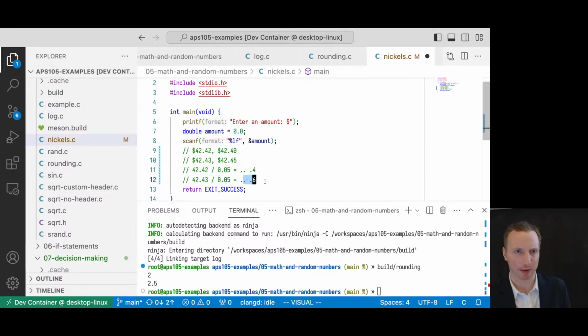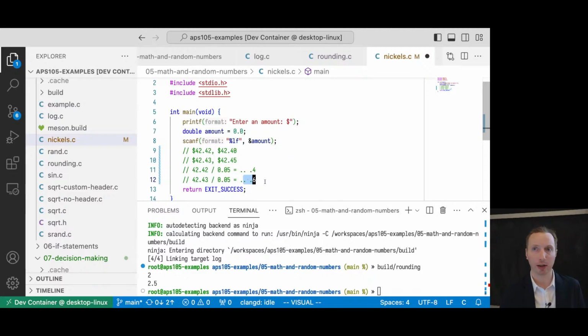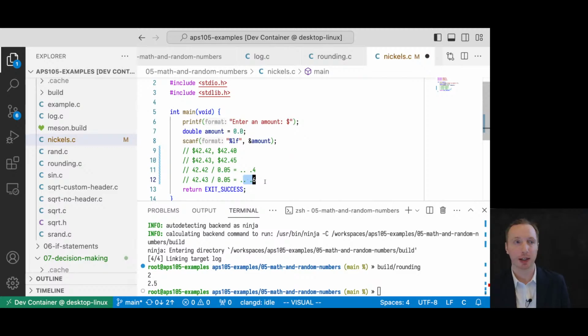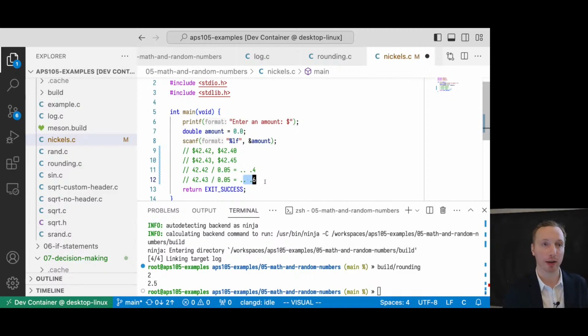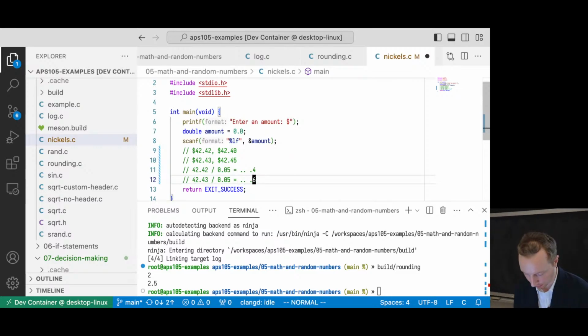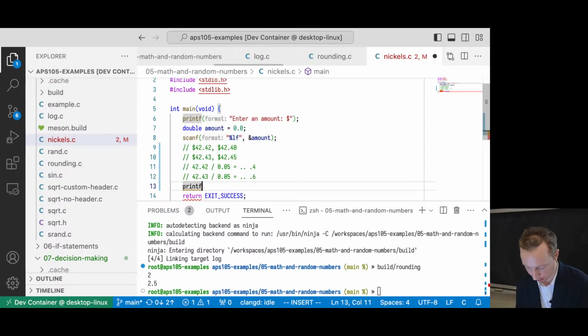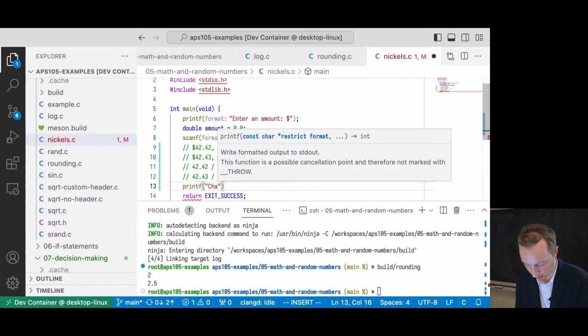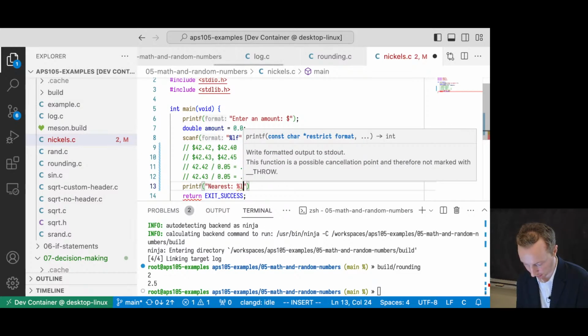So I could just divide by the value of a nickel, get the number of nickels, then round that to the nearest integer, and then multiply by the value of a nickel again to get the rounded value. So I could do something like printf nearest.